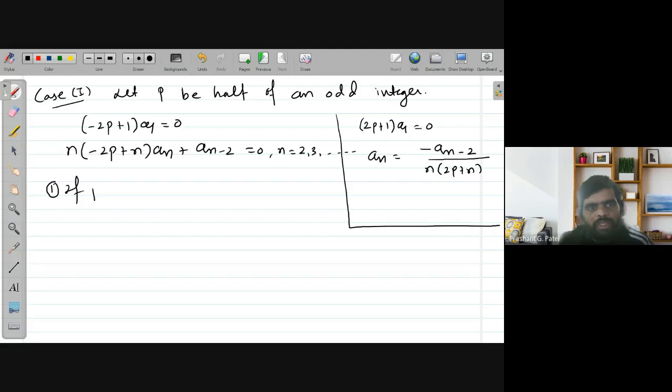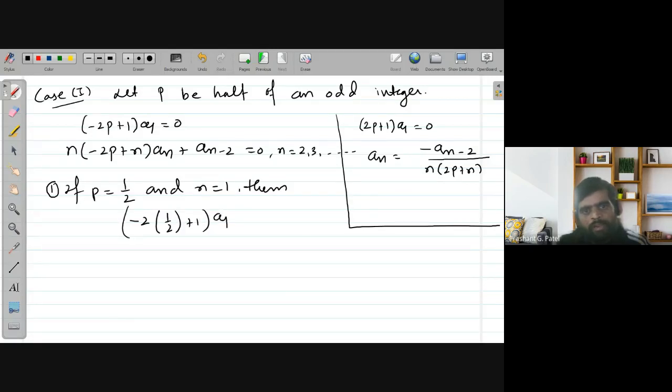If p is equal to 1 by 2 and n is 1, if p is 1 by 2, then we know that this is 0. So in that case, you will have 0 into a1. Then we will have minus 2 into 1 by 2 plus 1 into a1 equal to 0.